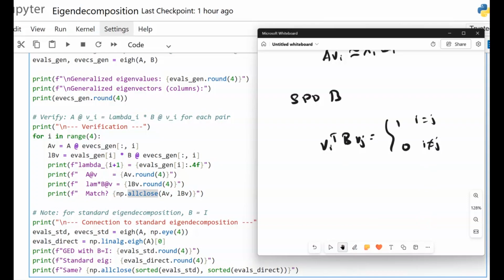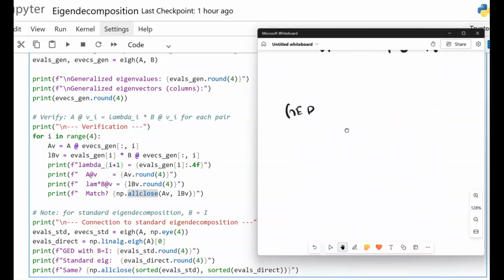Kindly have a note. When we go towards the reduction to standard eigendecomposition, GED, that is generalized eigendecomposition, can be converted to a standard problem. Since B is symmetric positive definite, B equals C times C transpose, using the Cholesky factorization.